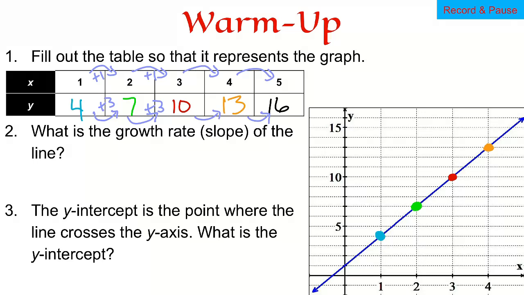We can also see that when we go to the right 1 unit, that's our delta x, a change in x of 1, and I'm going to make that a dotted line so it doesn't get confused with the actual line itself, we go up 3 units. That also shows us that our growth rate is 3, or the slope is 3. Questions about the table or the slope at this time?